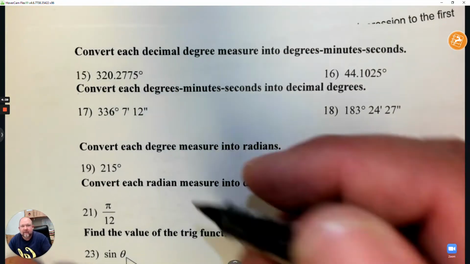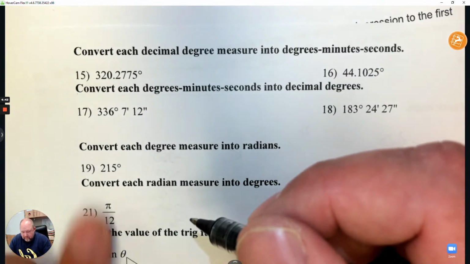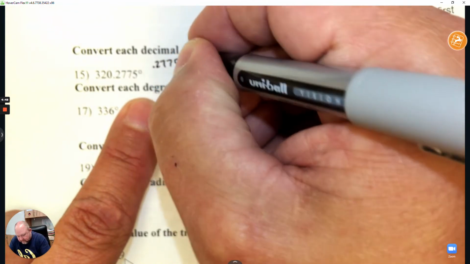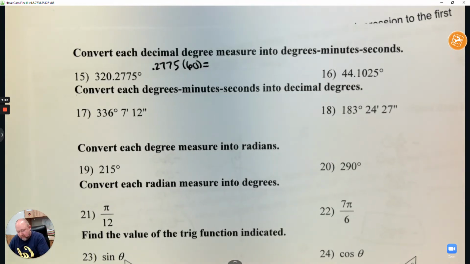How do you convert each decimal degree measurement to DMS form? As a decimal, we're going to take that decimal and multiply it times 60. So again, take your calculator, 0.2775 times 60.